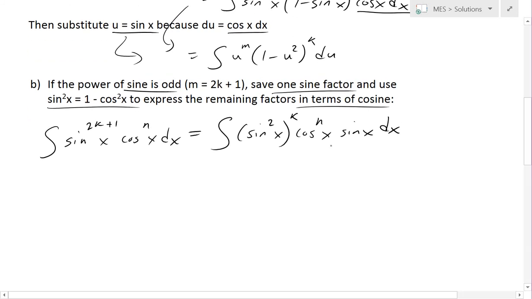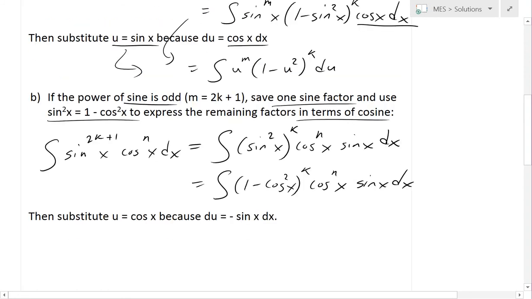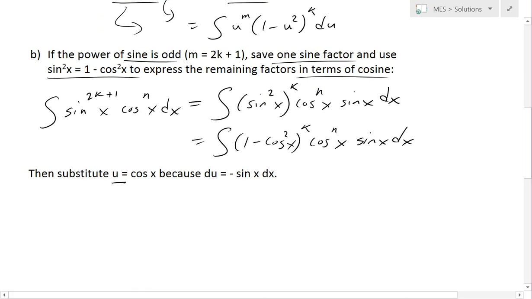From here we apply the trig identity, so we have 1 minus cos squared of x to the power of k times cos n of x sine x dx. Once again we substitute: u equals cos of x, because du is going to equal negative sine x dx, which replaces this part.